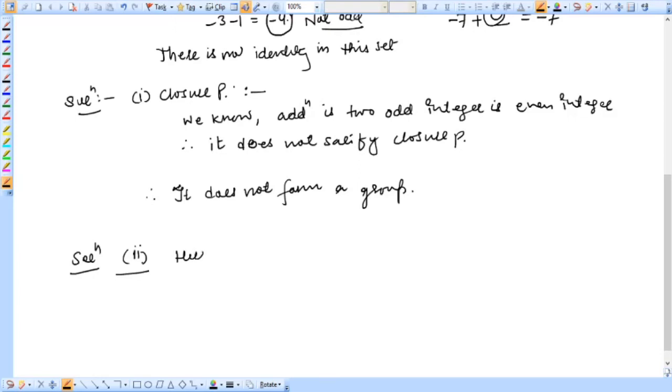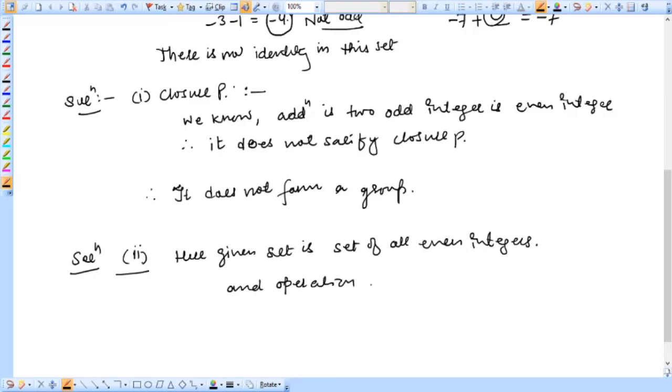Here the given set is the set of all even integers and the operation is usual addition.